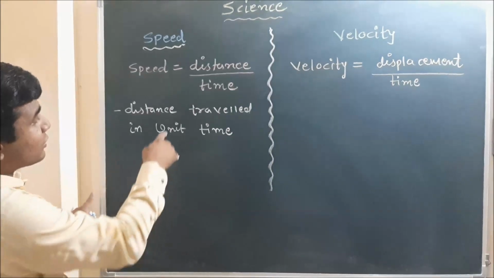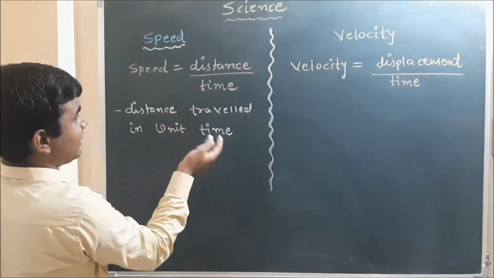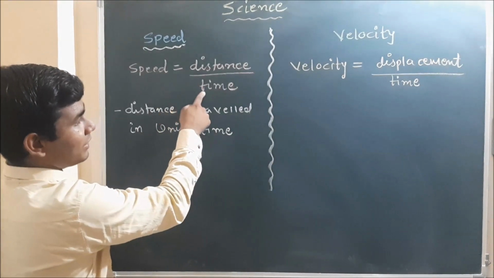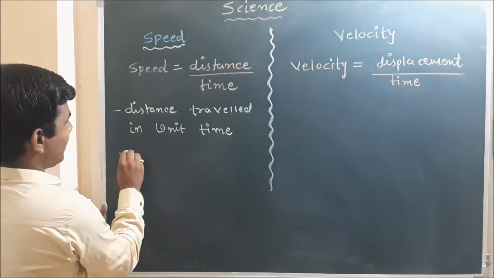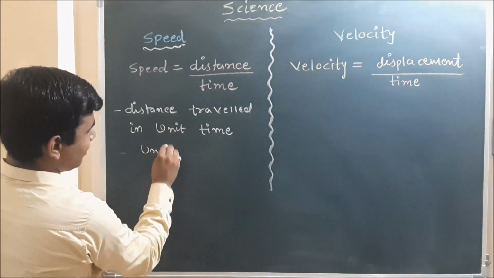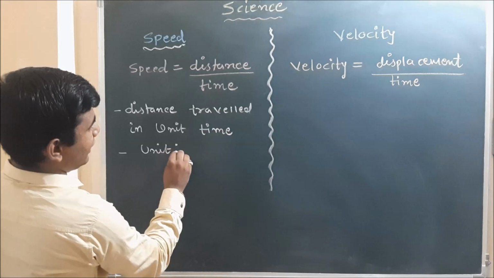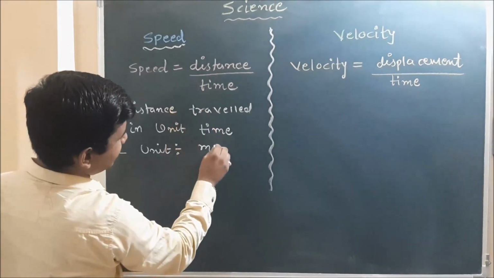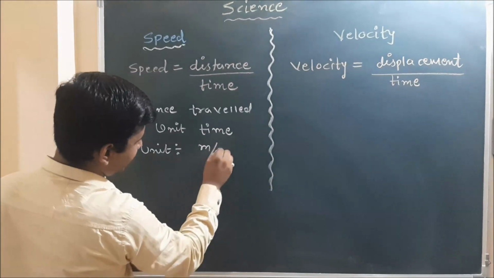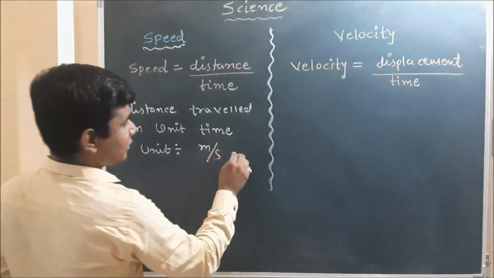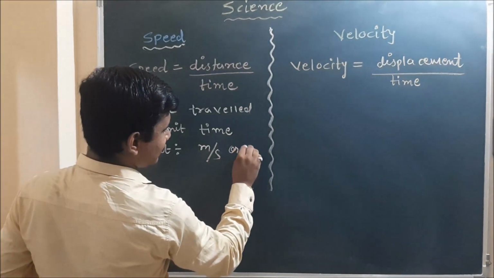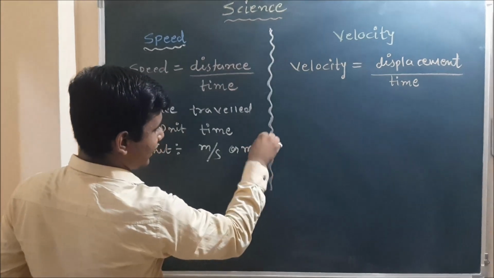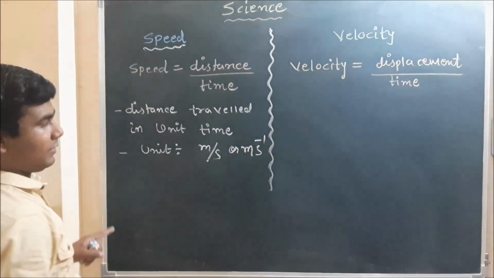Okay, from this, what will be our unit? Distance can be measured in meter, and time can be measured in second. So our unit can be meter and the unit of time second. So meter per second. We can also write it like this: meter second inverse.